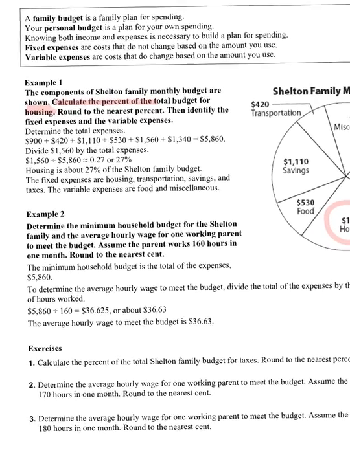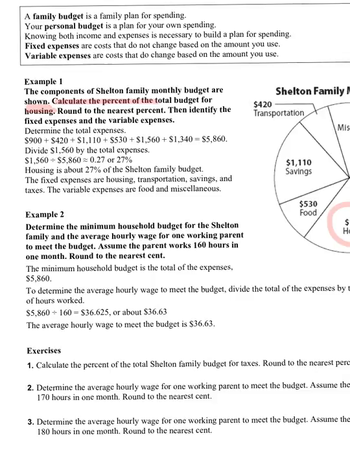All right. Before we can do that though, we do have to get the total expenses. And they did that for us right here. So the total expense is 5,860.